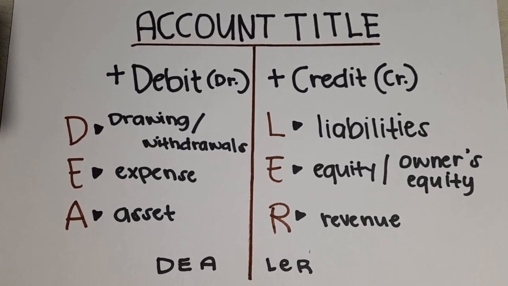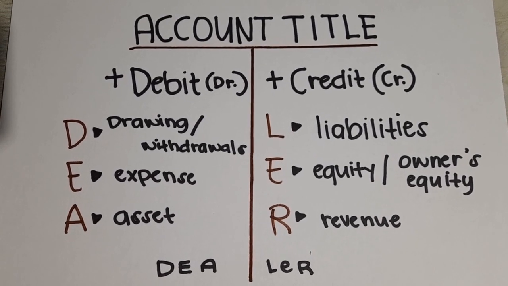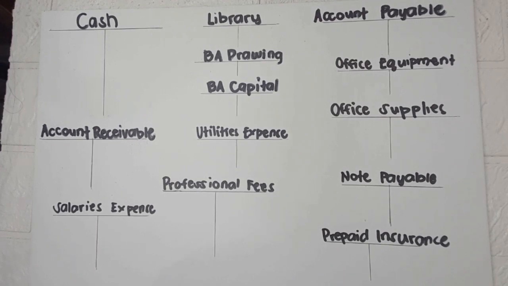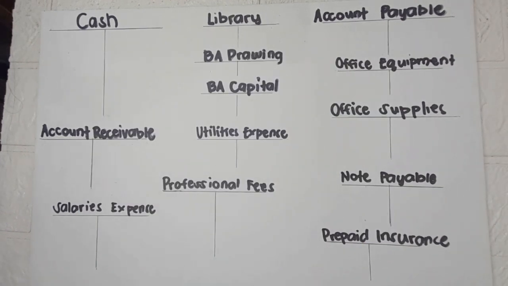So now, let's proceed sa transactions na gagawin natin using T account. For the first transaction, April 1, B.A. began his practice of law by investing 54,000 cash and a law library with a fair market value of 91,000. So the account titles will be Cash, Library, and BA Capital.